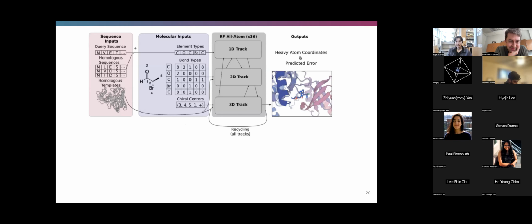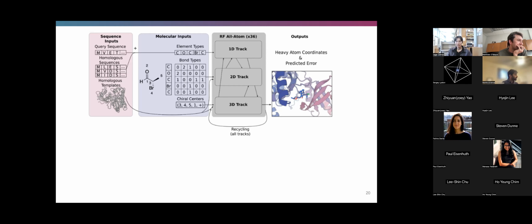Now, drilling a little deeper into the details, how does this actually work out in practice? You have your sequence inputs, you have your homologous sequences as per multiple sequence alignments, and then you might have homologous template structures for your protein.